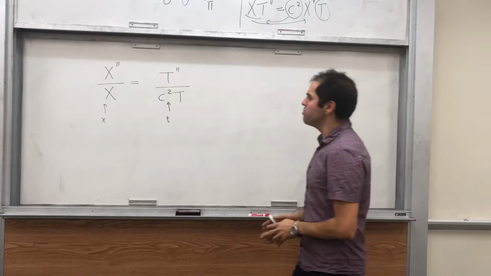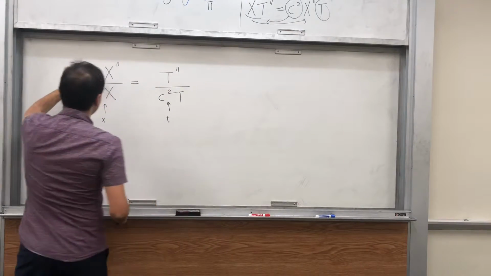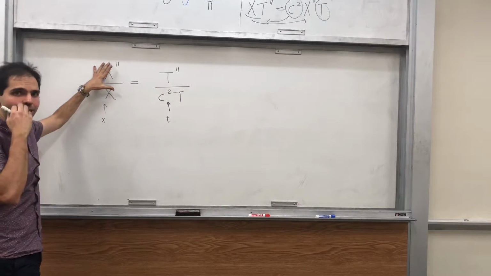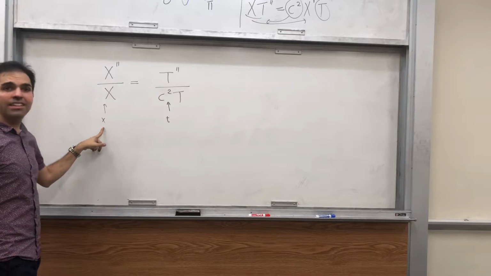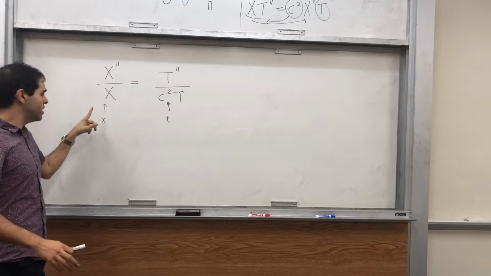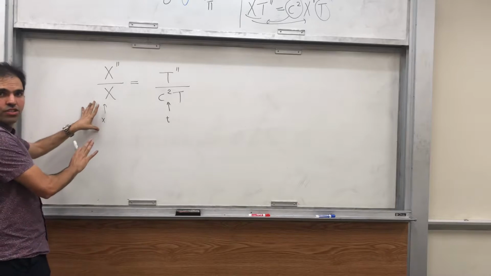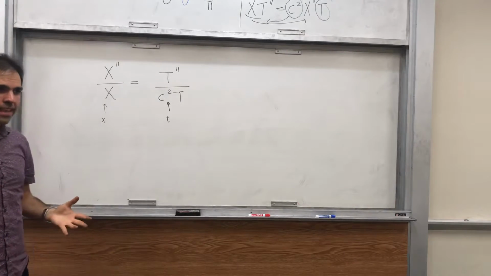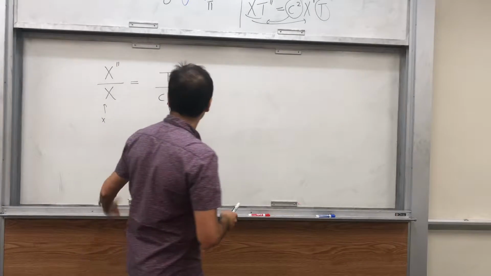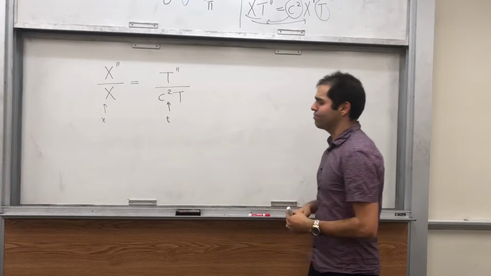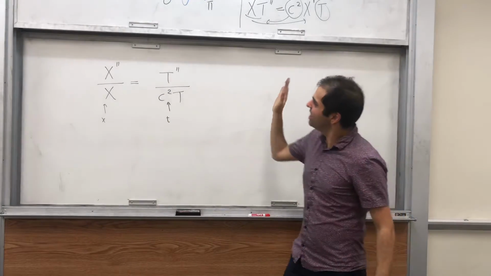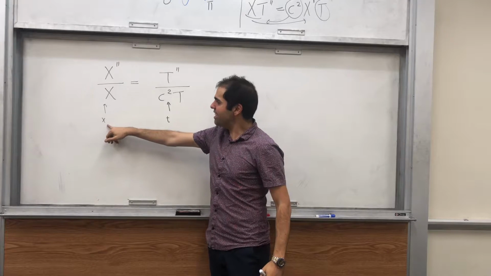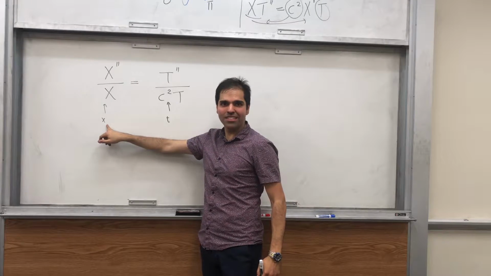And here's the important thing. This quantity, whatever it is, is independent of t, because it just depends on x.